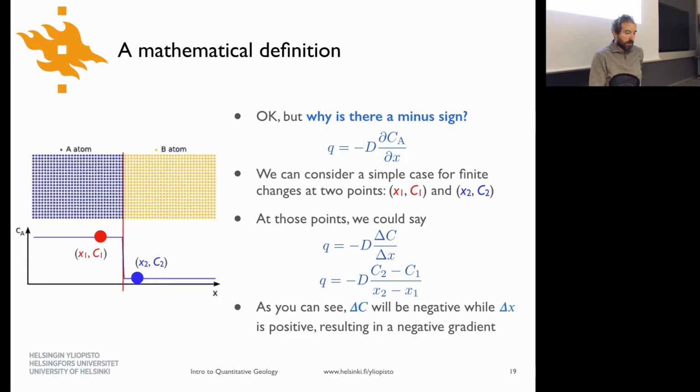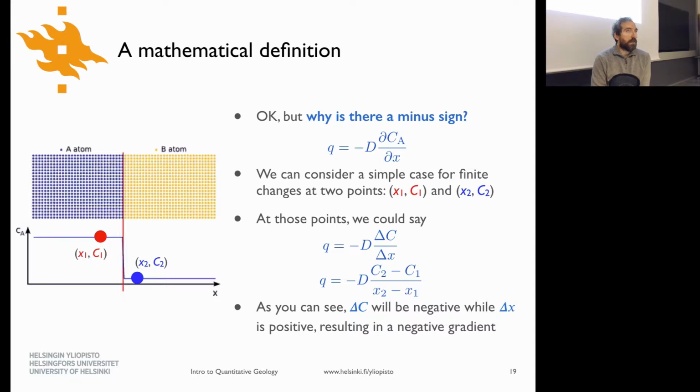So if we took C2 minus C1, concentrations of atoms of A, is that positive or negative? Negative. Yeah? So it's 0 minus some non-zero value that's positive, which will give us a negative number.